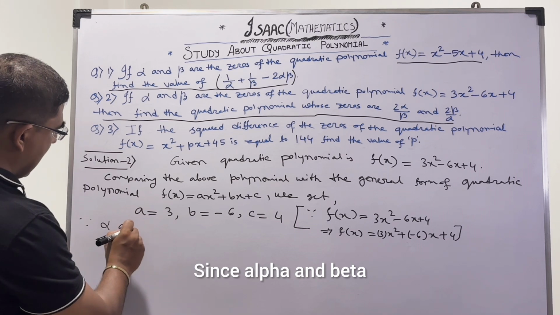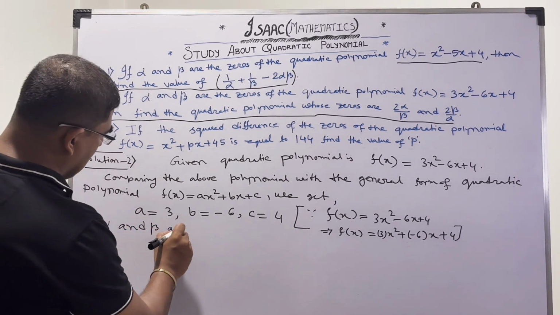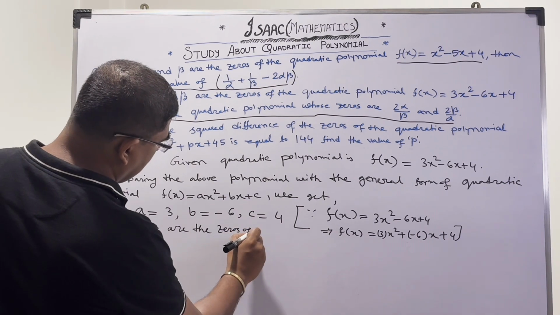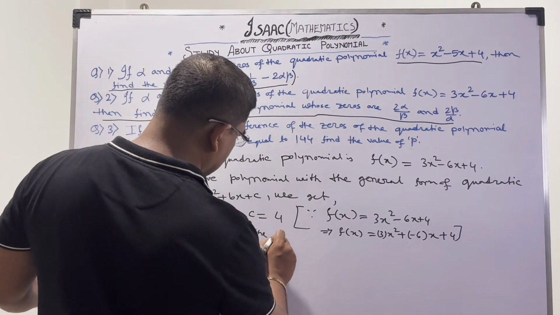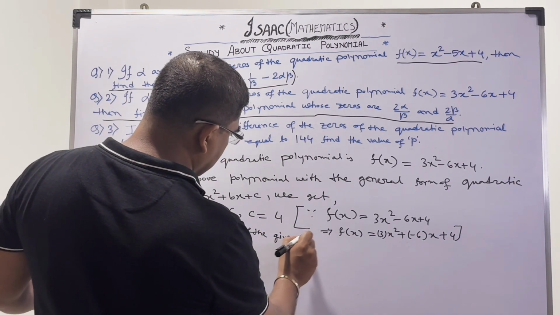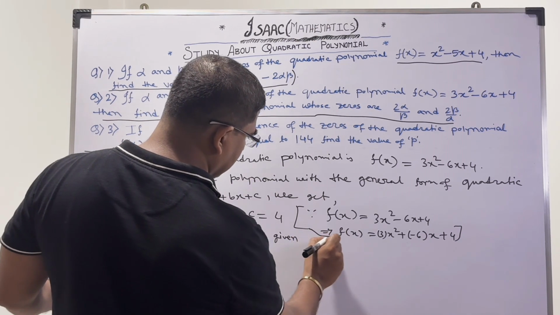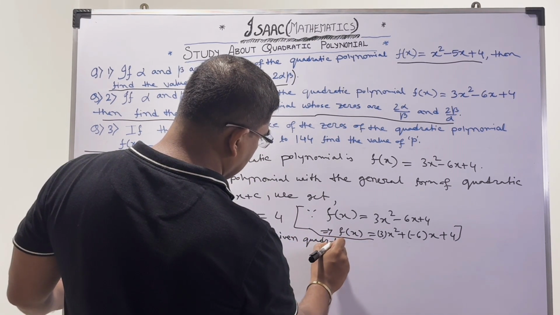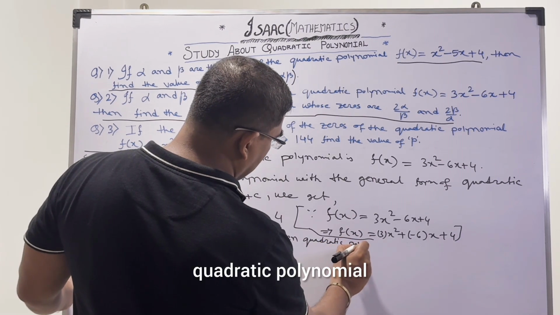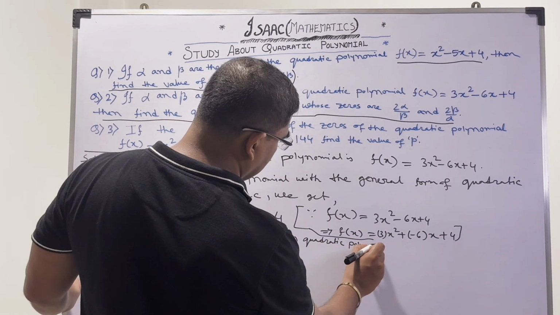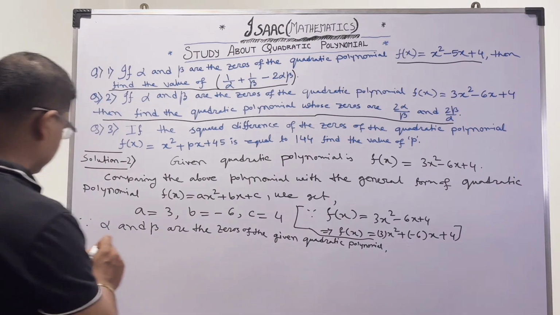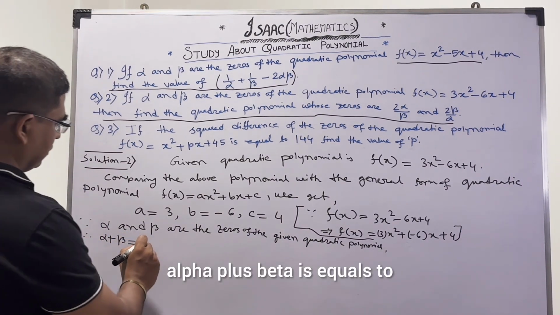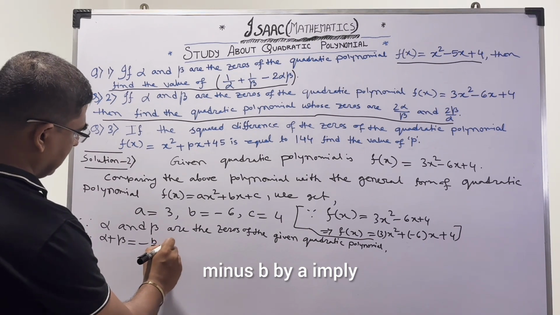Since alpha and beta are the zeros of the given quadratic polynomial, therefore alpha plus beta is equal to minus b by a.